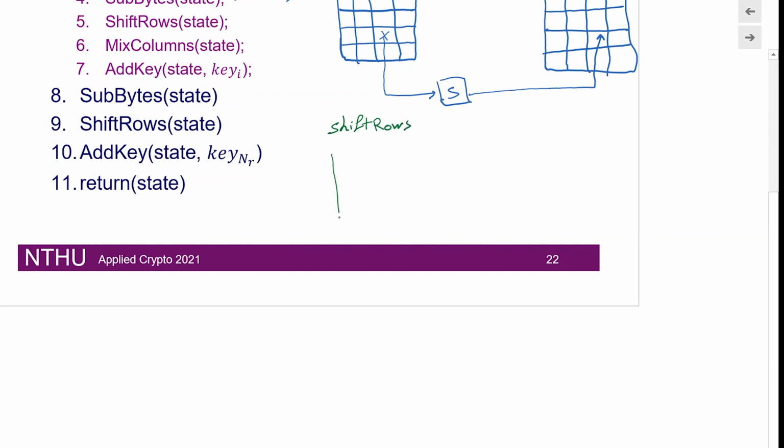The idea of shift rows is to shift the rows in this way. I would like to name the bytes 0, 1, 2, 3, 4, 5, 6, 7, 8, 9, 10, 11.